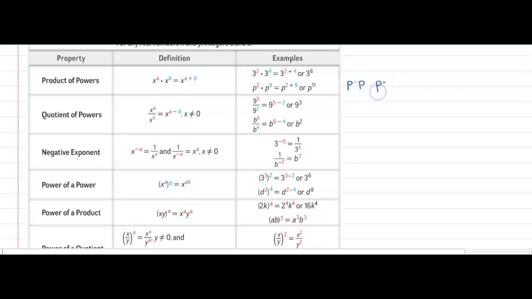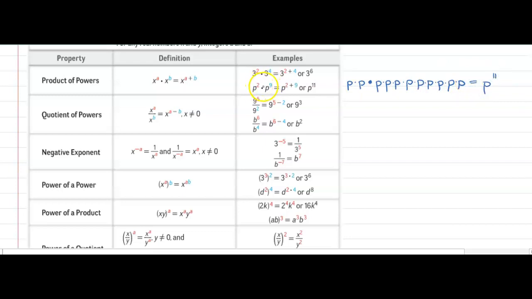P to the 9th is p times p times p times p times p times p times p times p times p. And when we take p squared times p to the 9th, it's the same as just p to the 11th.